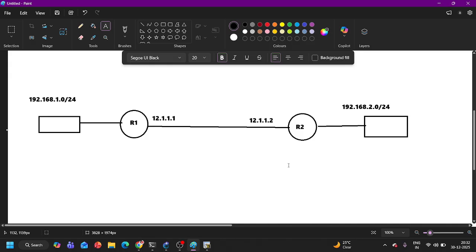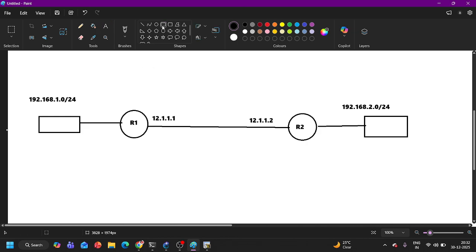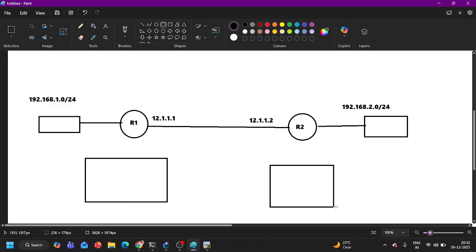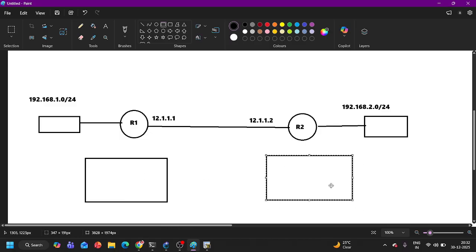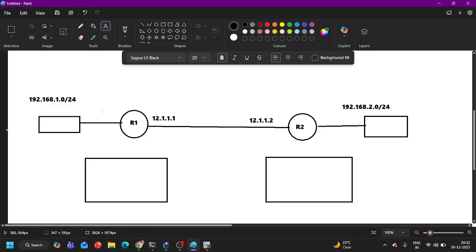And here routing comes in picture, see, because by default what you know, router is going to store network information in the routing table. Both router is maintaining routing table, and in the routing table how many subnets are there? How many subnet are there on router number 1?